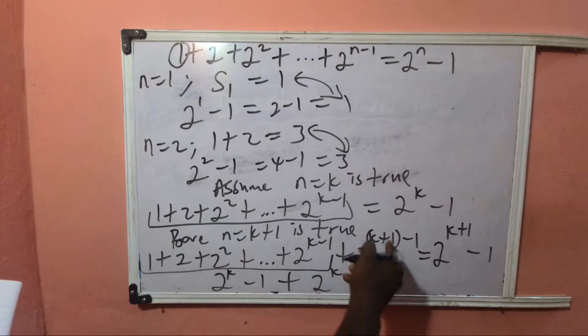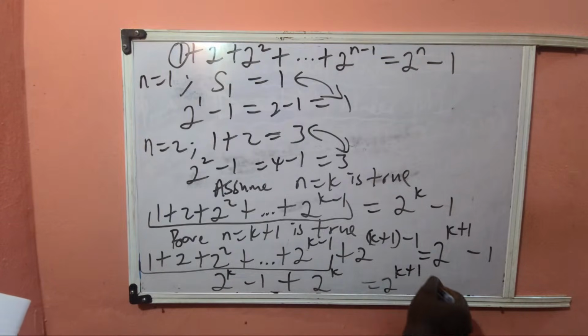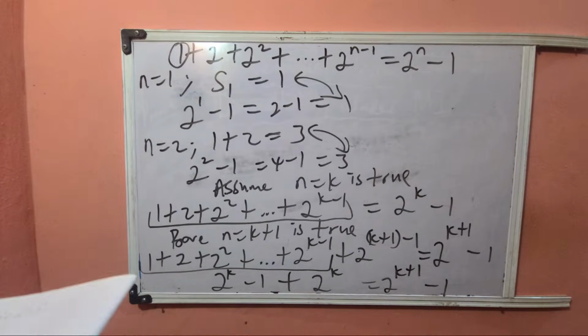So this is 2 raised to power k. Of course, you understand that k plus 1 minus 1 is k plus 0, which is k. So this must be, if this is the case, 2 raised to power k minus 1 plus 2 raised to power k must equal 2 raised to power k plus 1 minus 1. This is what we have to prove.